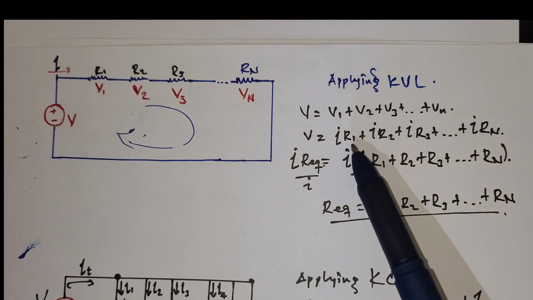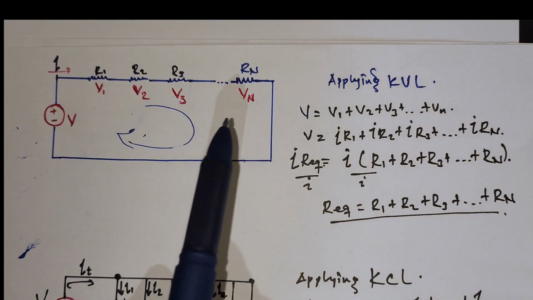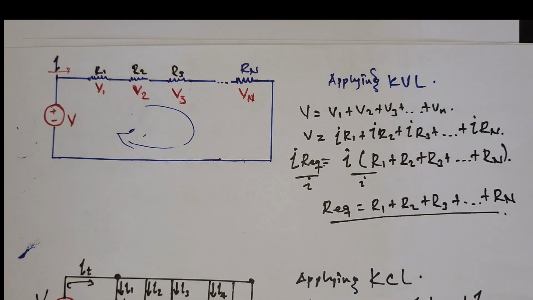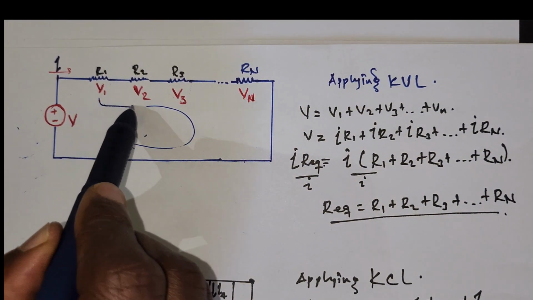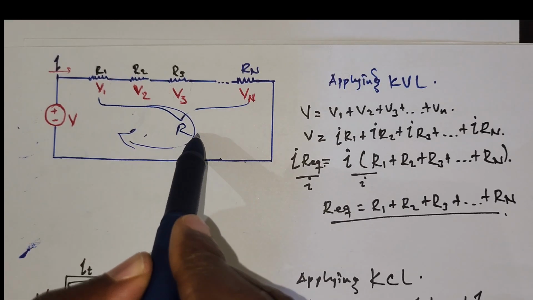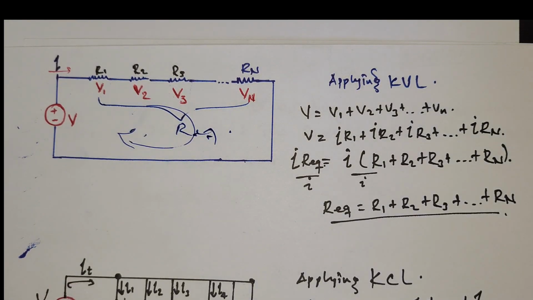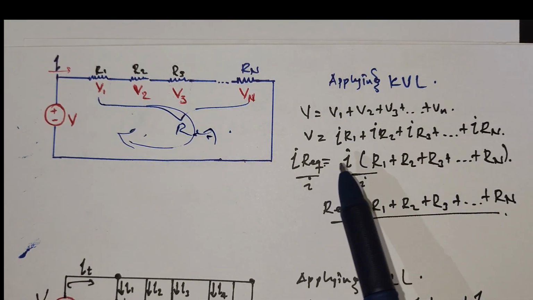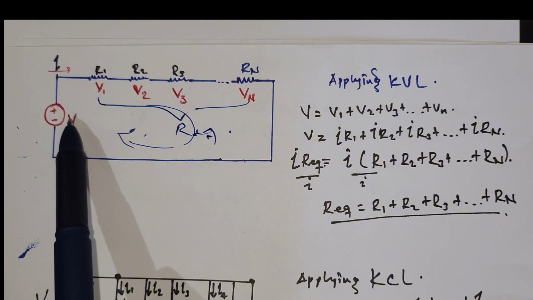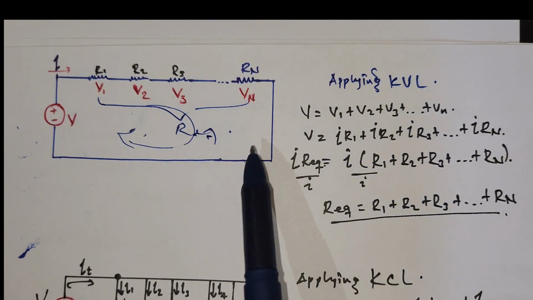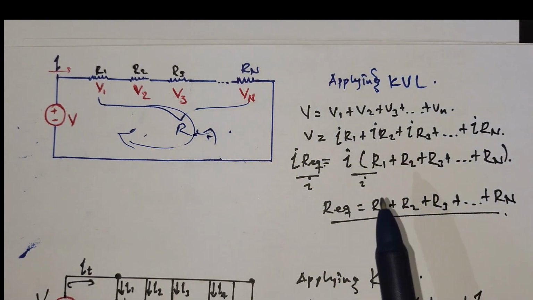So I is common for the whole. Also we assume these resistors as R equivalent. So V means I times R equivalent, because they are in the same loop.